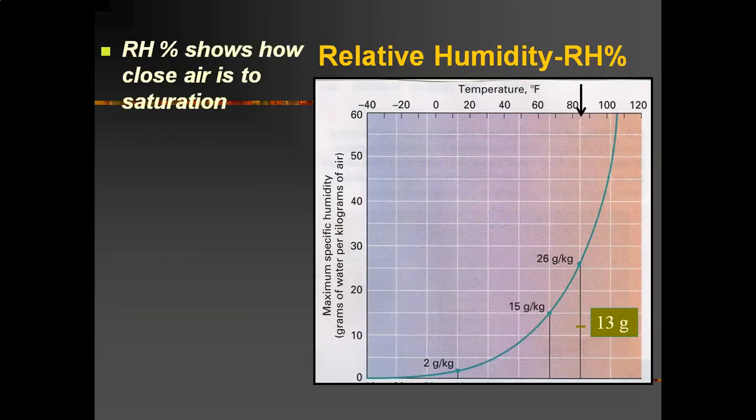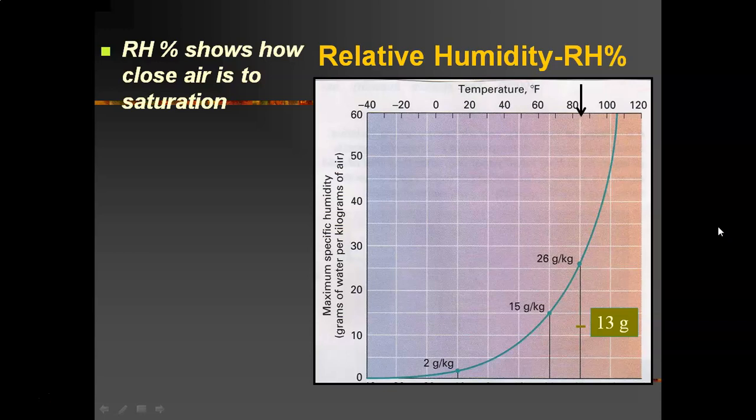All right, there's a term that you're very commonly shown on TV weather, and it's called relative humidity, often abbreviated as RH, as a percentage. Now, the important thing, that percentage shows you how close the air is to saturation, right?